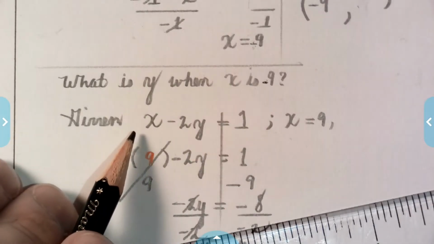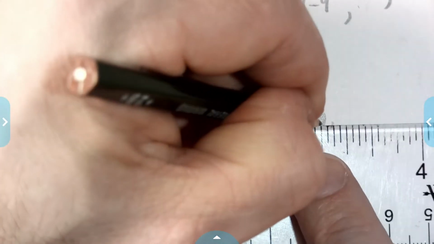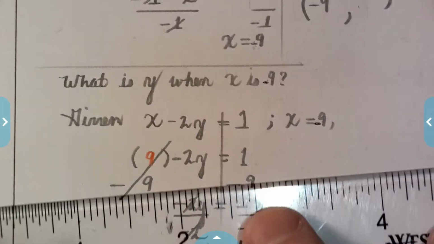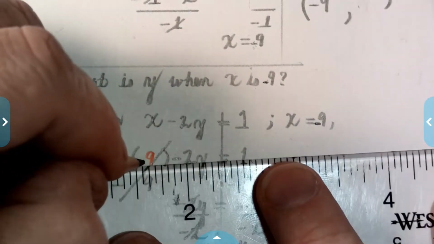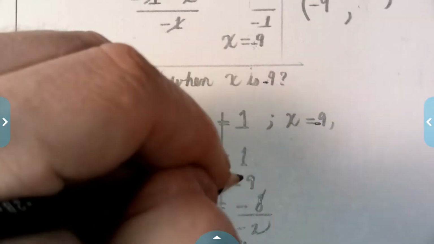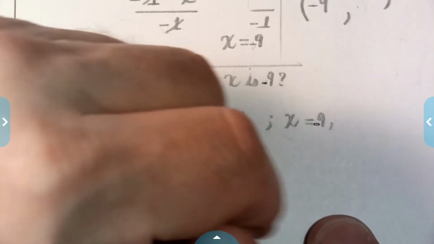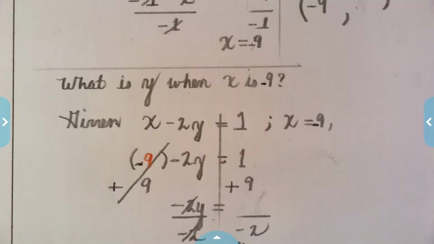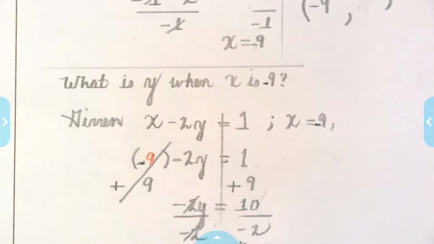So given x minus 2y equals 1, and x is, again, negative 9, here we'll put in negative 9. Okay, so in that case, I will add 9 to both sides. And then 1 plus 9 isn't negative 8, it's 10. Silly mistake here.